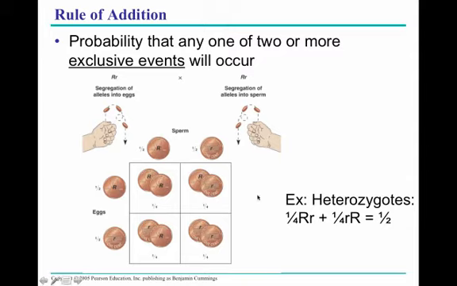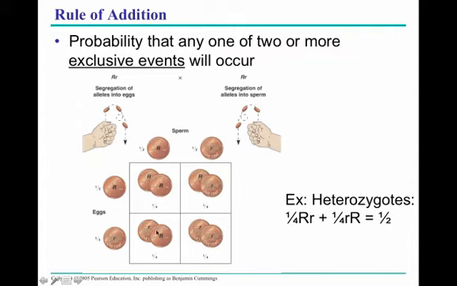We've already really done some of these, and really intuitively, both of these rules, the rule of addition and the rule of multiplication, when we did our Punnett square. So for instance, if this sperm crosses with this egg, there's a half a chance, 1 out of 2, as we can see here, of a dominant allele sperm, and half a chance here for a dominant allele egg. 1/2 times 1/2, that's a quarter of a chance that we'll have this offspring, homozygous dominant.